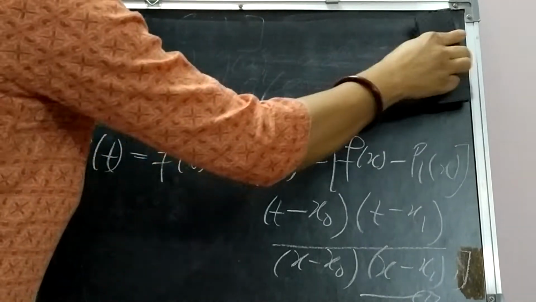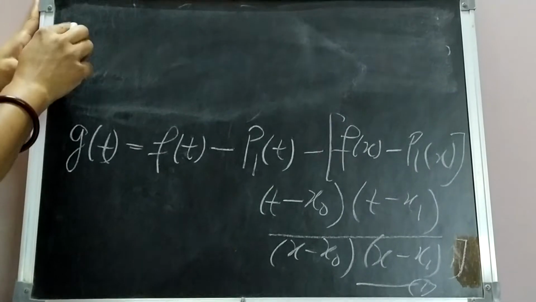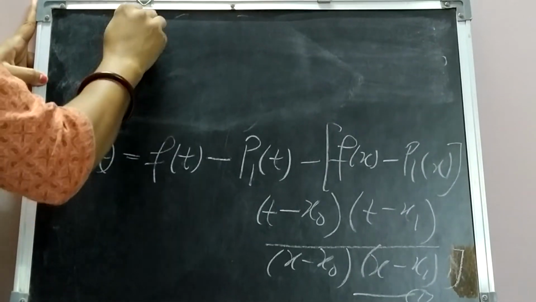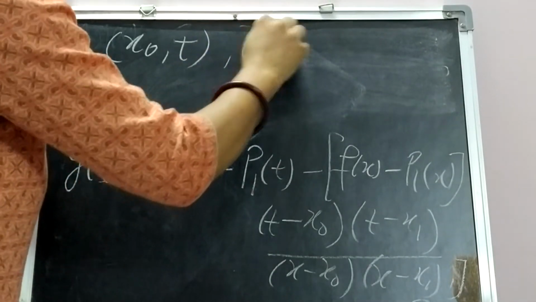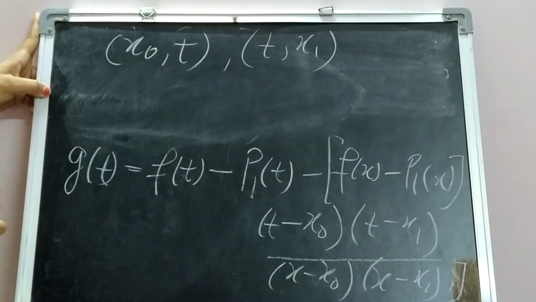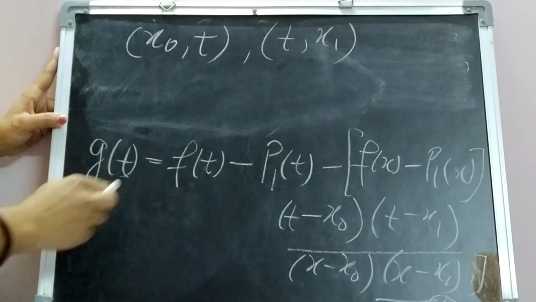Now we have to see our intervals. We want to apply Rolle's theorem over the intervals [x0, t] and [t, x1]. So we apply Rolle's theorem separately in the two intervals. What do we get?